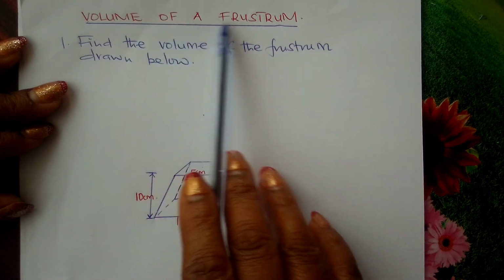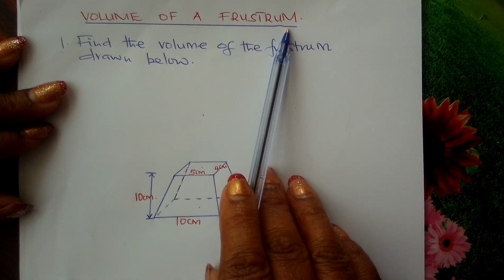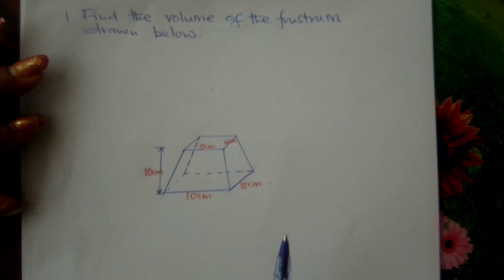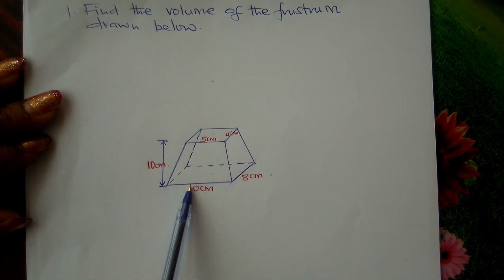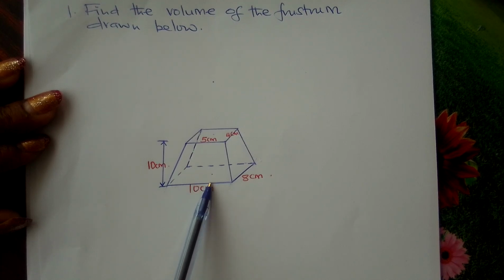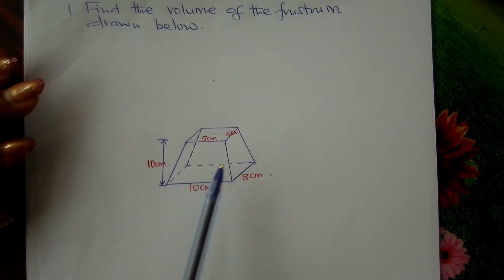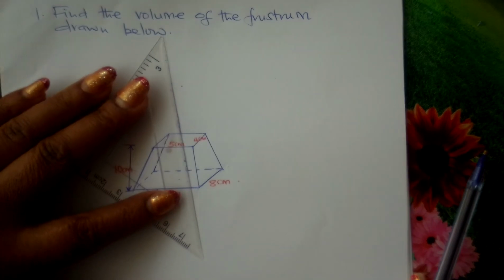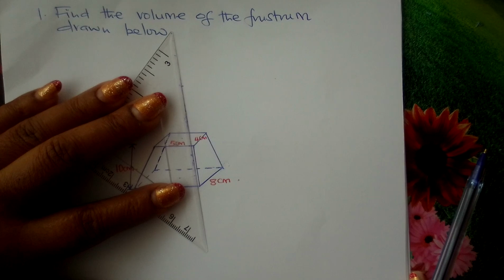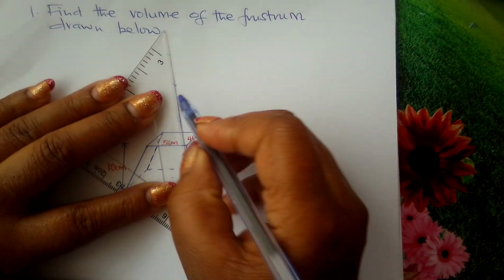We are looking at volume of a frustrum. We are told to find the volume of the frustrum drawn below. Learner, this is a frustrum and it is obtained from a pyramid. Therefore, we first produce the lines so that we end up with the original pyramid.